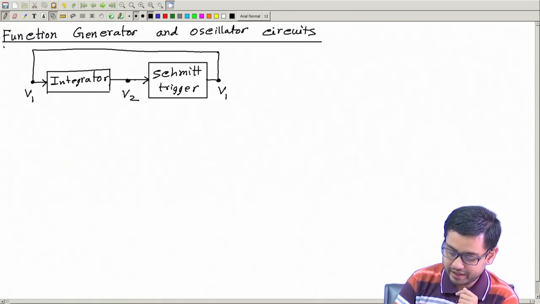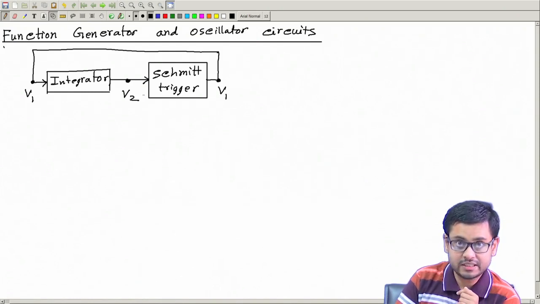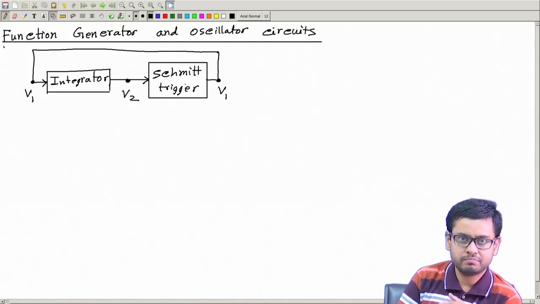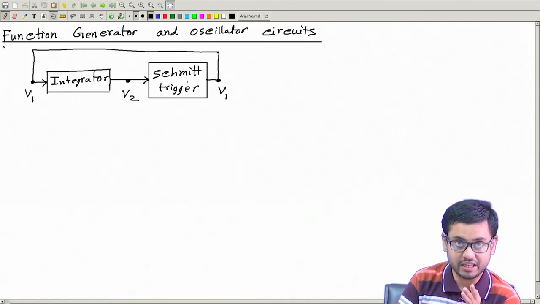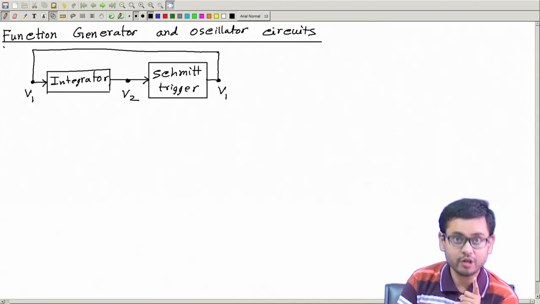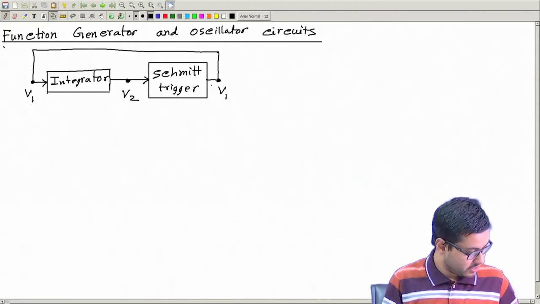And then at one point, this will cross the upper or lower trigger point of the Schmitt trigger, and at that point the output of the Schmitt trigger will change.